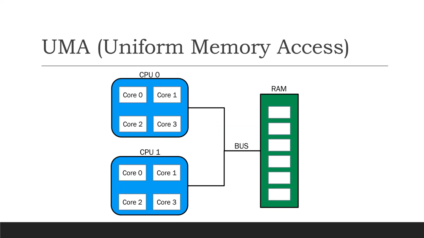Now, when adding multiple CPUs in the system, in the case of UMA architecture, those CPUs should be connected with a centralized memory. The problem with this approach is that since we have a limited size of RAM, page faults will increase and the hit rate will decrease, because now two CPUs are consuming data from the RAM.